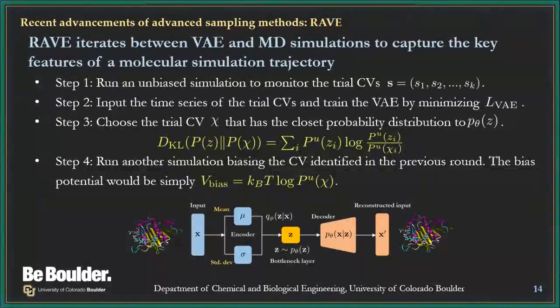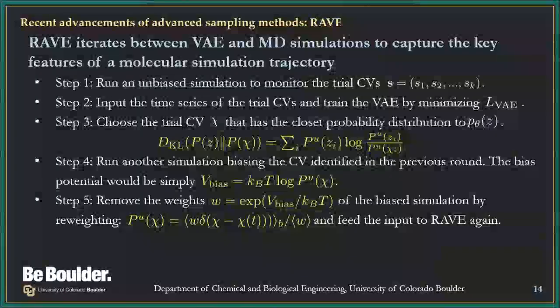However, since the simulation is biased, which means that each MD data point is weighted by the exponential of the biasing potential, we have to reweight the probability distribution before we feed the data to the RAVE algorithm again. Specifically, we use the simple reweighting formula you can see in the slide to remove the bias.